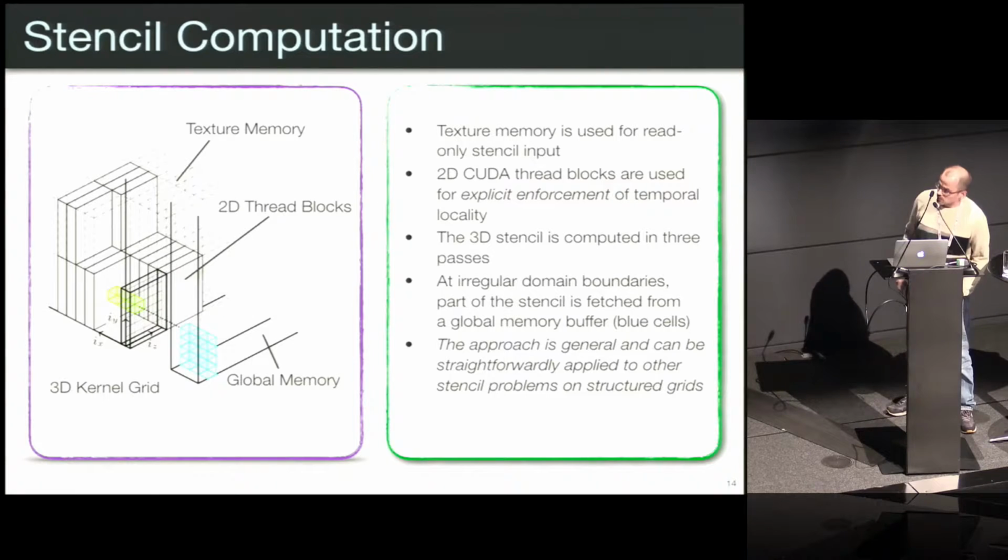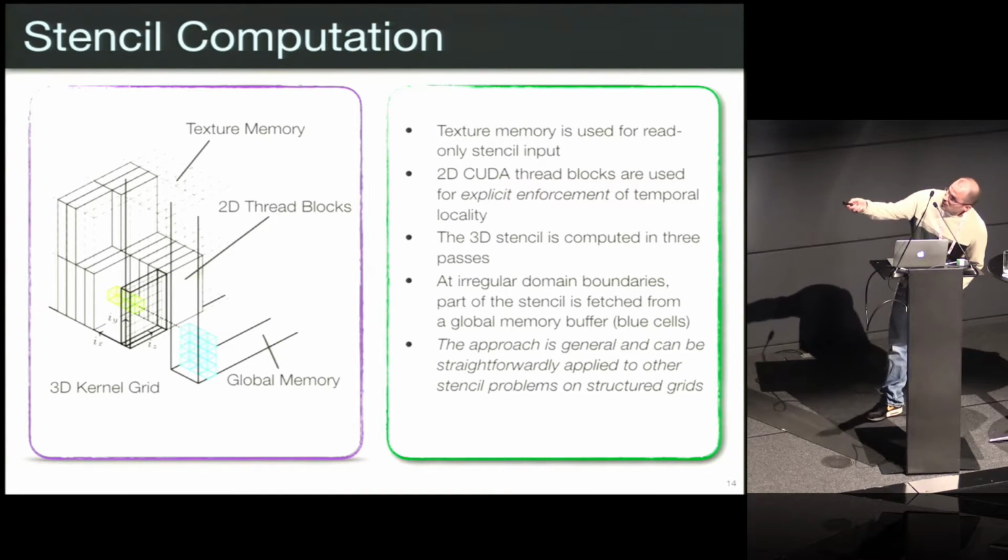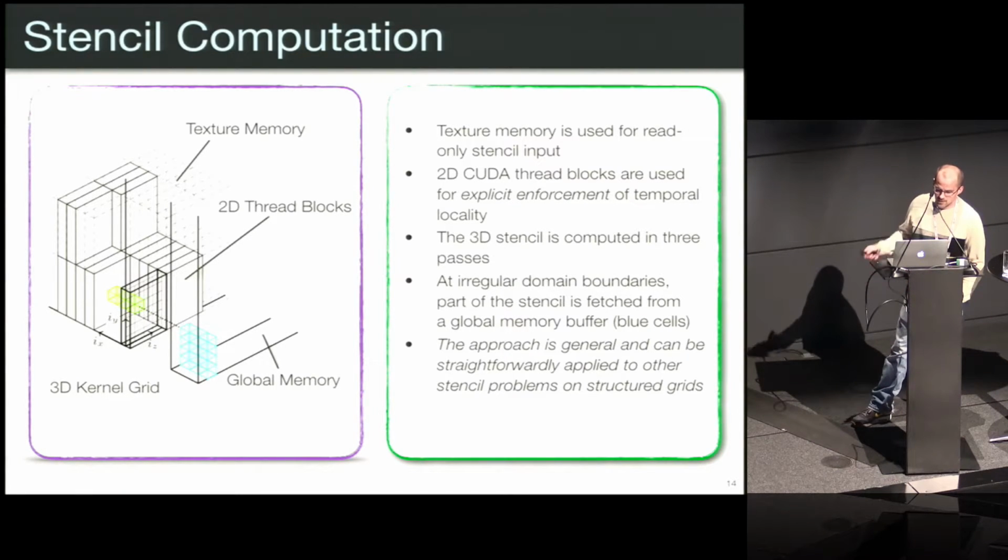So with this figure here, I would like to explain how we actually do the stencil computation on the GPU. The big block here denotes the texture memory we use for our scheme, and on the right side you see a small block which is in global memory, which we use for the ghost cells. So basically we have read-only texture memory, which we use for inputs of our WENO reconstruction, and we use 2D CUDA thread blocks to explicitly enforce temporal locality, which allows us to use the data cache on the GPU efficiently.